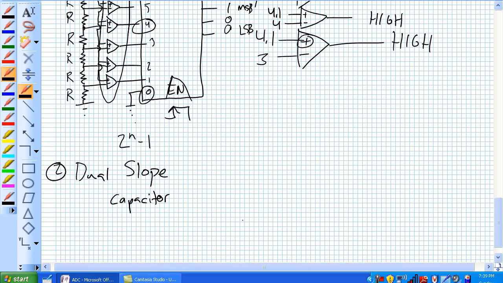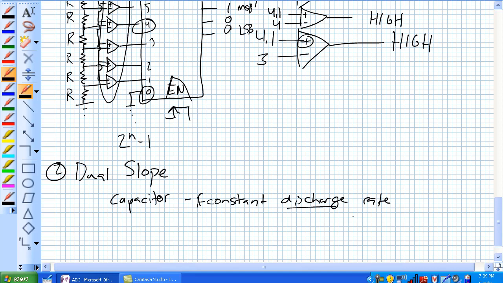So, if there's a constant discharge rate, and you've charged up to a very high value, wouldn't it take longer for it to discharge than something charged up to a lower value?